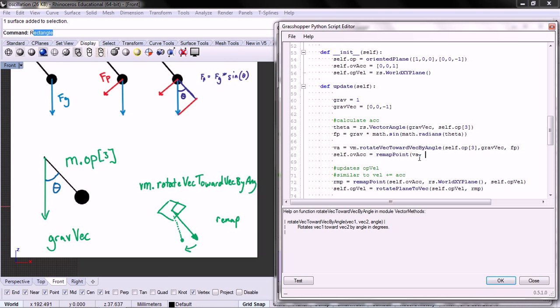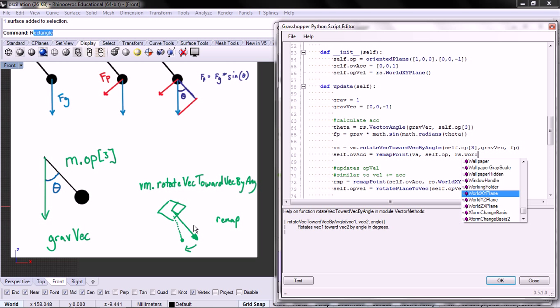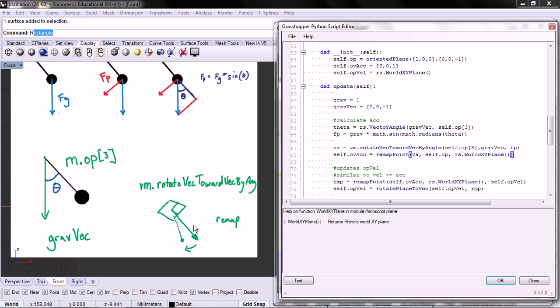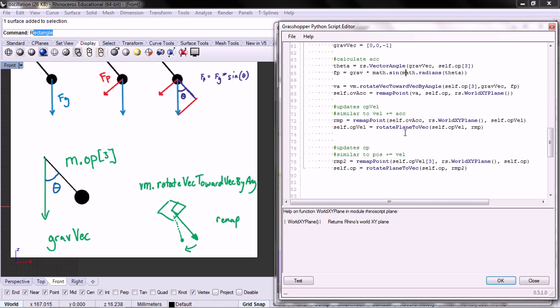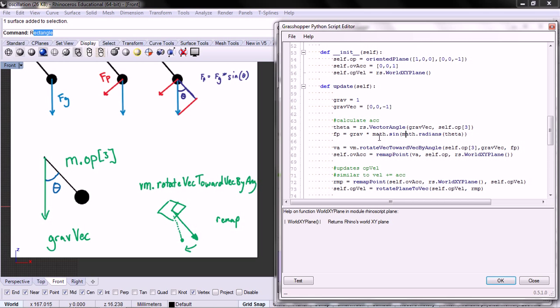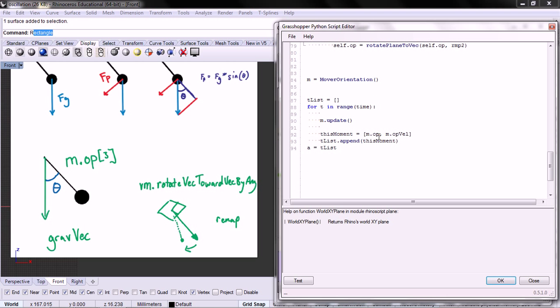The reference plane is going to be our self.orientation plane, this plane right here in the picture. And our target plane is going to be RS world XY plane. So that gives us that, and this is in terms of the world plane, so that's what we want. That takes care of that.